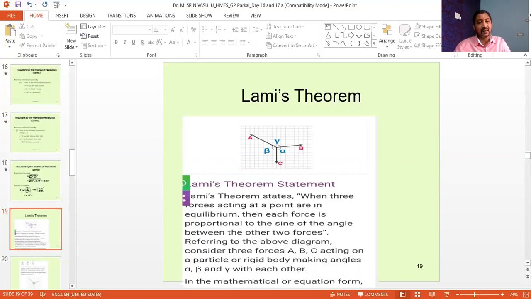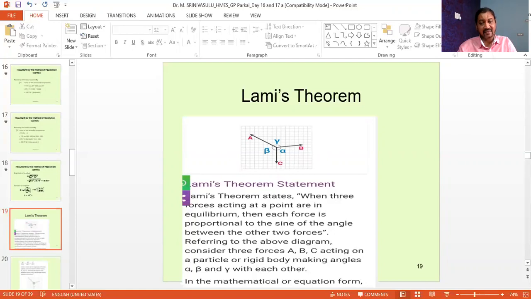Now alpha, beta and gamma are the angles between the forces. Suppose alpha is the angle between B and C, beta is the angle between force A and C, and gamma is the angle between force A and force B.